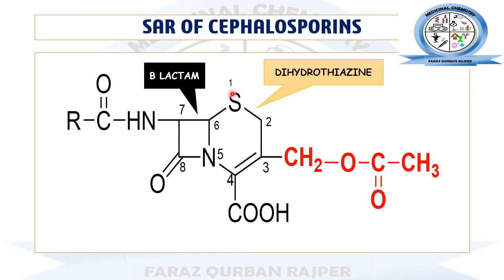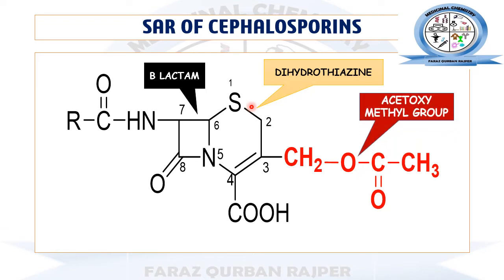Then you have to place the common structural features, or the common functional groups, at the different sites. At the third position you have to place the acetoxymethyl group. This is the acetoxymethyl group present at the third position of the cephalosporin ring structure.